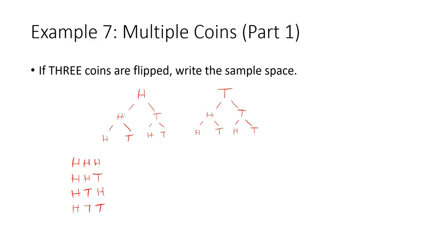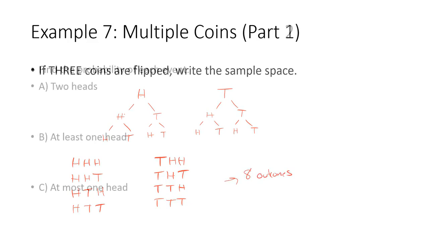So these are our 4 possibilities if we roll a heads first. If we roll tails first, we could get tails, heads, heads, or tails, heads, tails, or any of these other 2. And so now we have our 3 coins that are flipped and the 8 possible outcomes from our 3 coin flips.